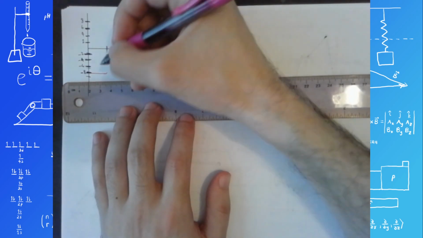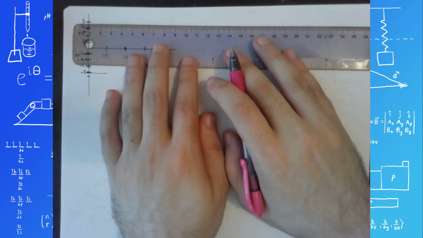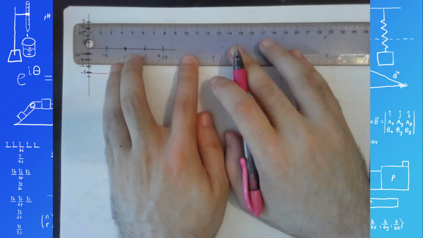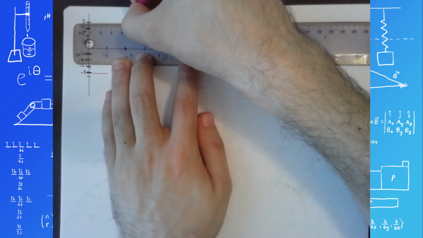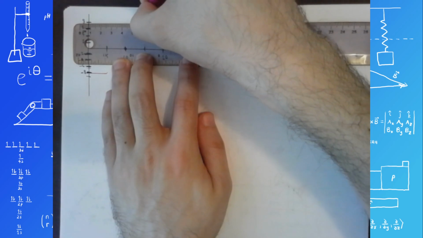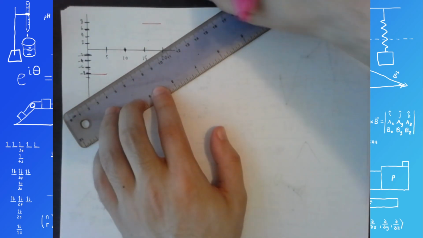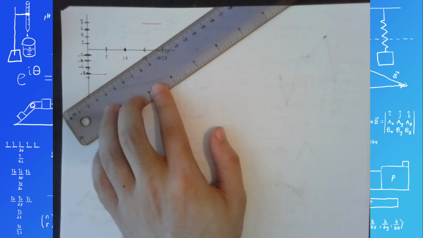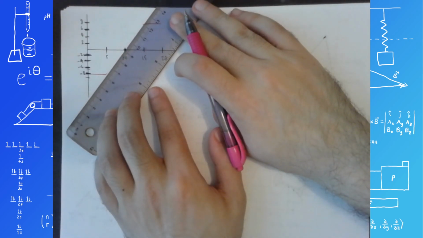And from 15 to 20, about the same thing, all the way up at 8. Something like that.